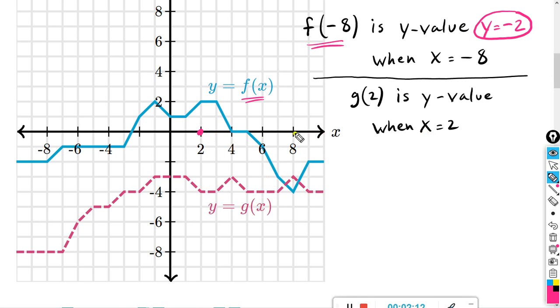This is the x-axis, x equals 2. See where it meets the pink graph? I'm just going to trace it down here, and it meets it right there. What is the y coordinate of this point? If you go across, it's right here at -4. This is the y-axis right here. So y equals -4.